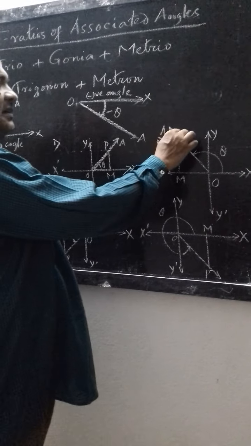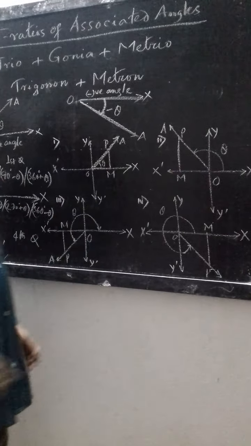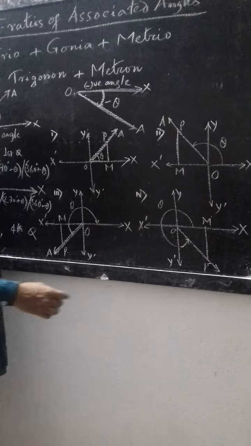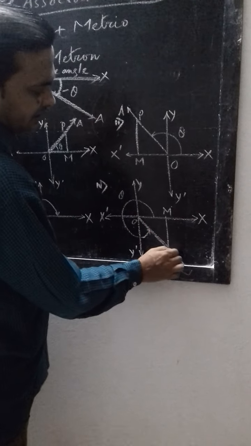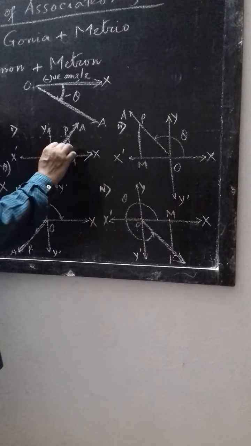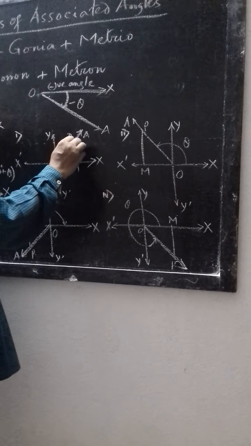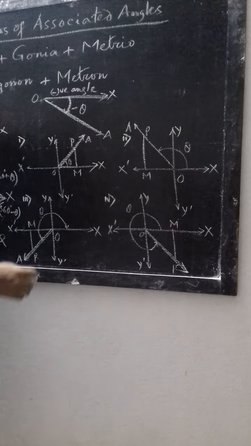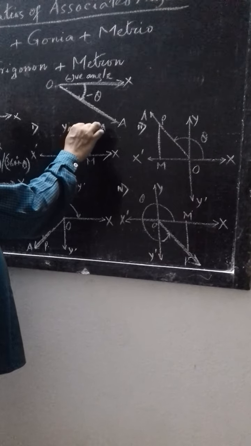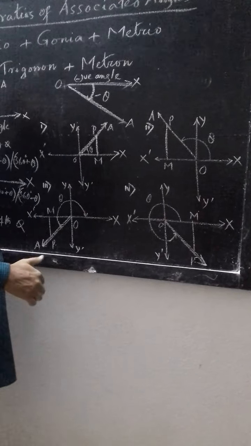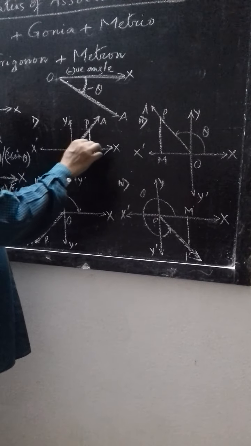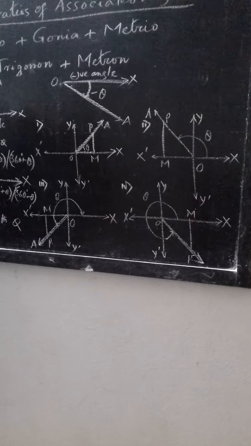In the second figure, it lies in the second quadrant. In the third figure, it lies in the third quadrant, and in the fourth figure, it lies in the fourth quadrant. Let P be any point on OA in each case. Draw perpendicular PM on x-axis. So POM is a right angle triangle.